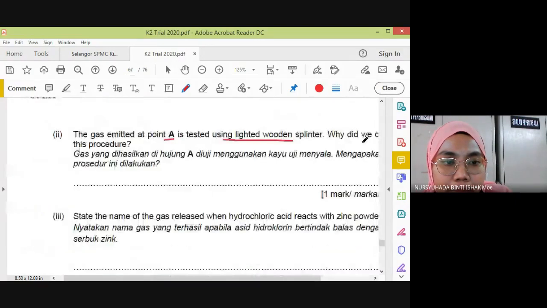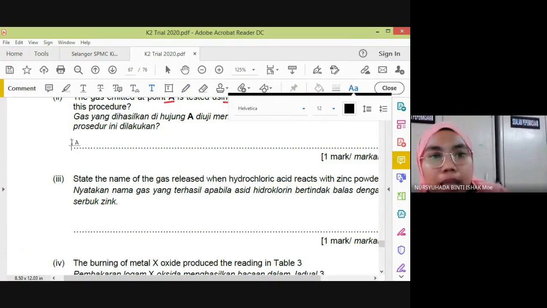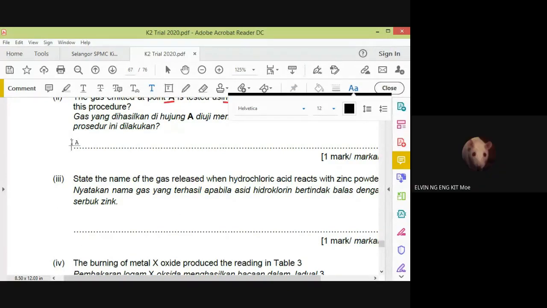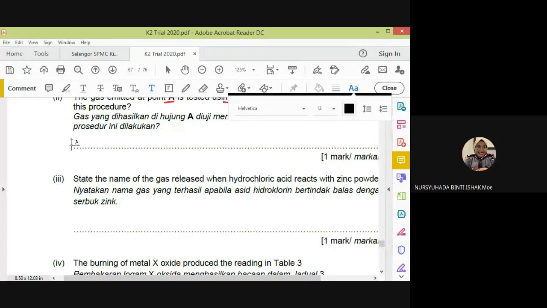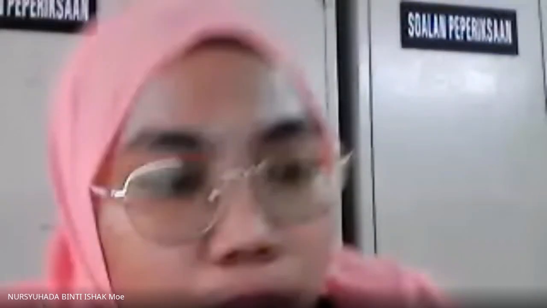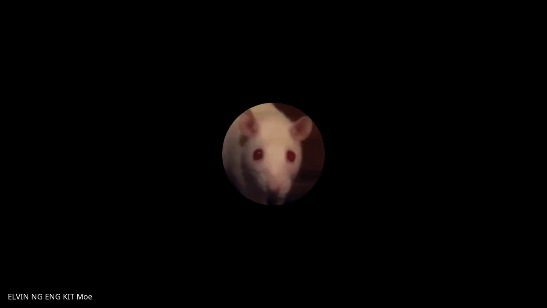Apa tujuan dia? Respon. Kenapa kita kena letak wooden splinter dekat situ? To detect presence of hydrogen gas.